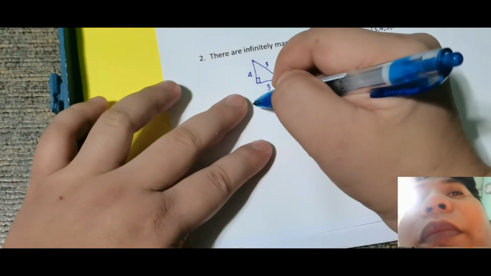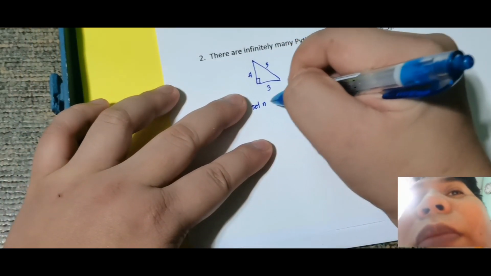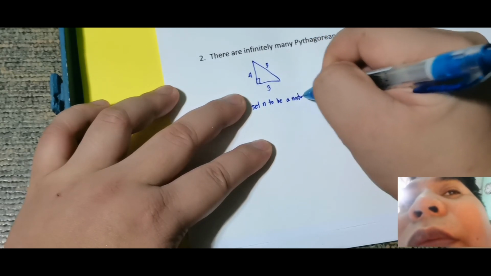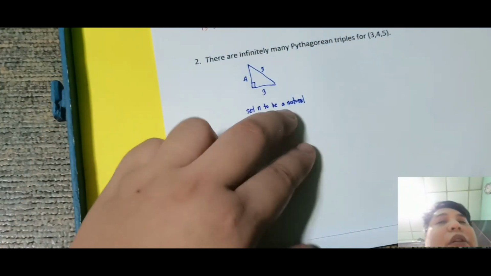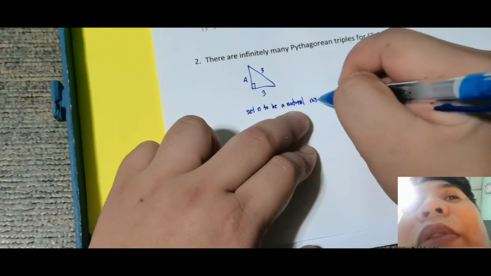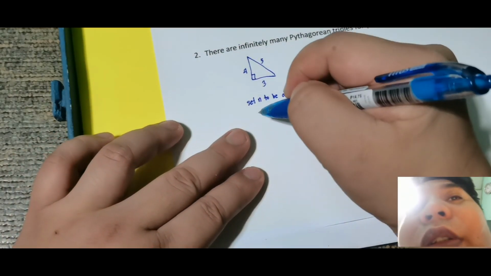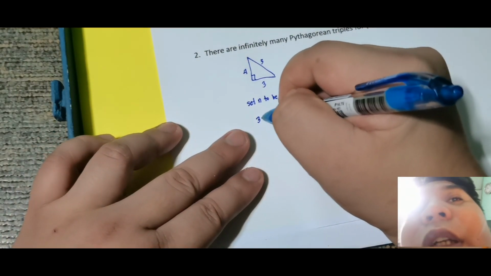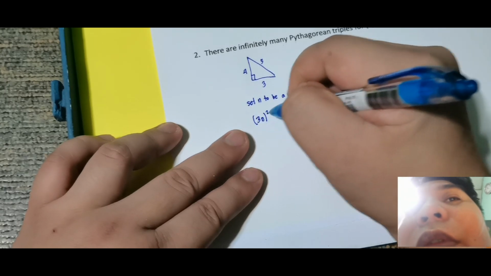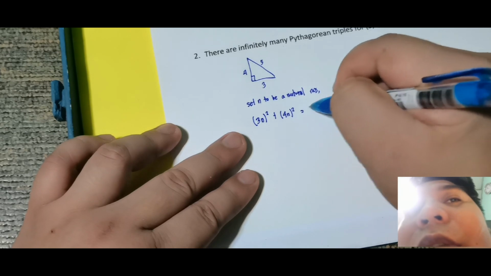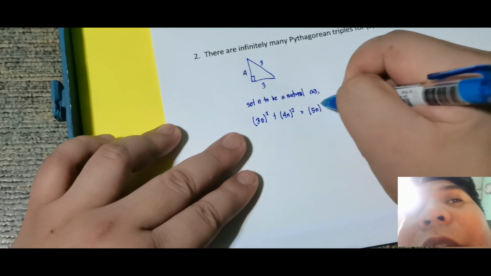So, ito yung gagawin natin. Set natin n to be a natural number. So, ano yung natural number? Natural numbers are numbers which are counting: 1, 2, 3, 4, 5, 6, 7, 8, 9, 10. Okay? So, ganito yung gagawin natin. We have 3n raised to 2 plus 4n raised to 2 is equal to 5n raised to 2.